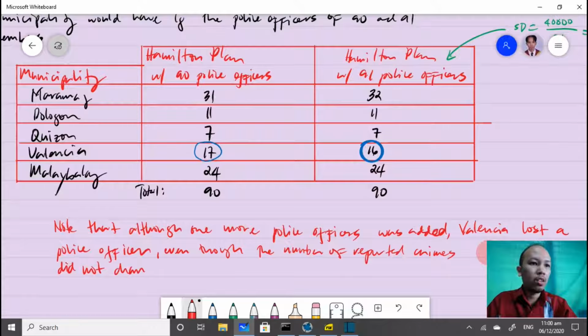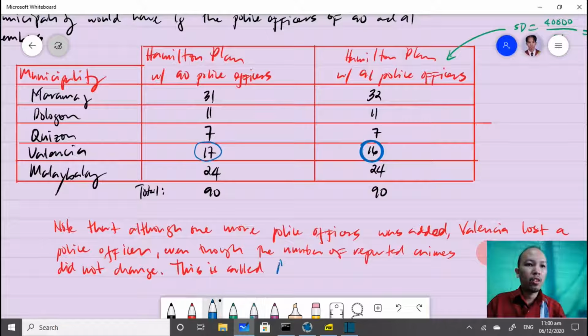So I guess this is what we call the Alabama paradox.